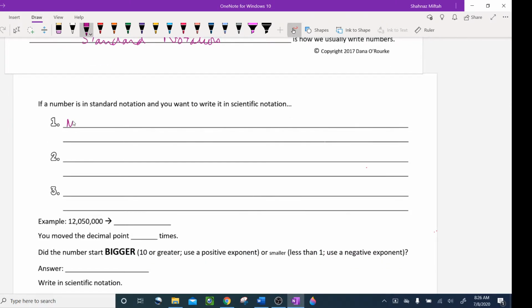First one, move the decimal point. I want to use a different color. Okay, let's use that one.